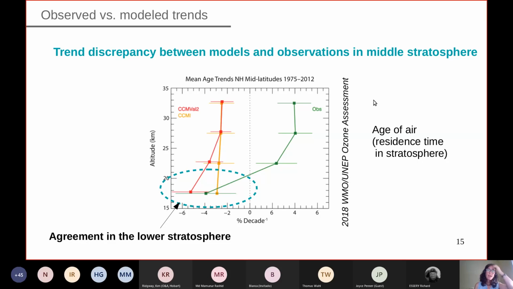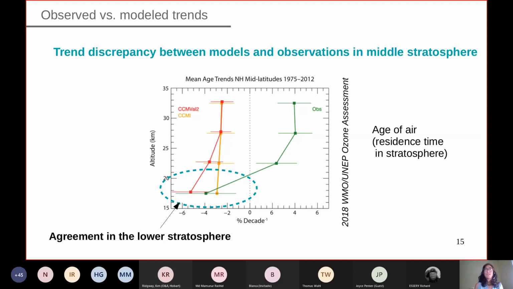And to illustrate that, I'm showing this figure showing trends in age of air, which is a magnitude that measures the residence time of air parcels in the stratosphere. So it's inversely related to the strength of the overturning circulation.